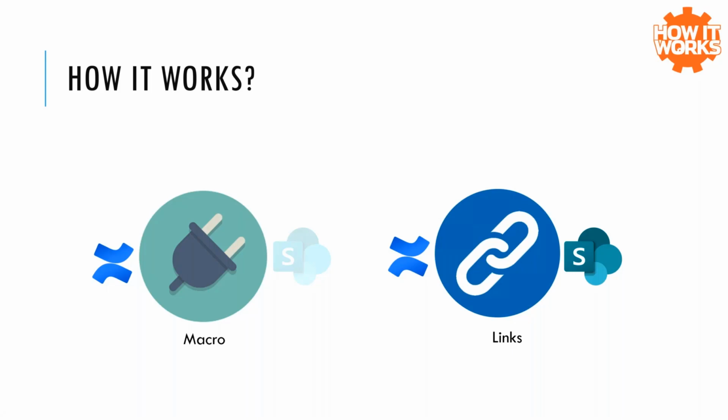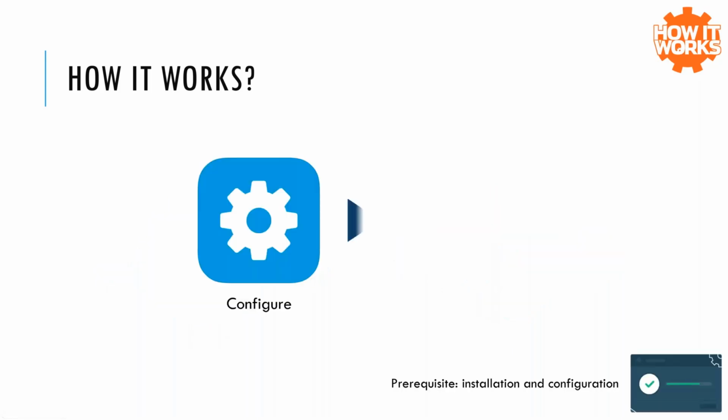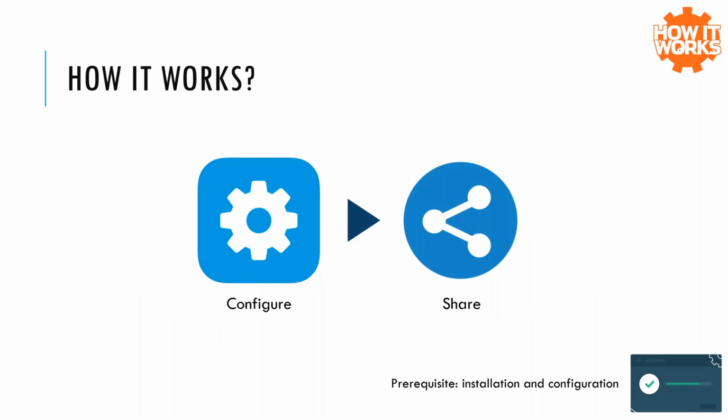You won't have to do anything else: I'm in SharePoint, a few clicks, and anybody in my organization can use, share and view information. And how does it work in detail? For sharing links, it's just installation and configuration of Prolaborate, and with the macro, it's just a one-time configuration only.